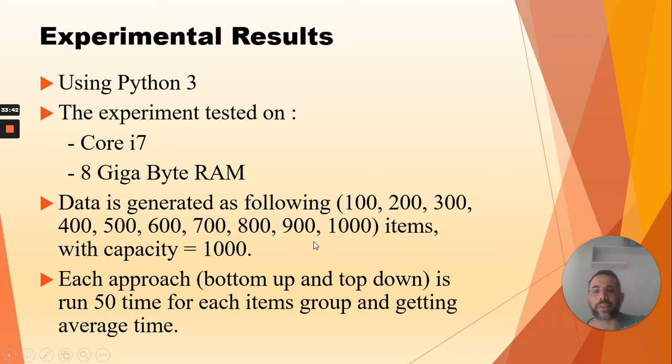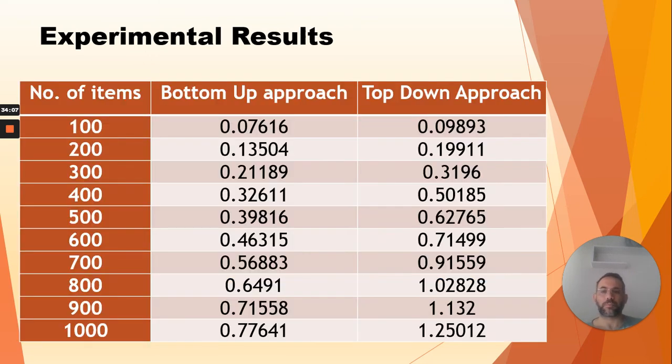When we made our experiment, for every group of items, for example the 100, we ran every approach 50 times, and we calculated the average time of the 50 runs. We got these results when testing 100 items, 200, 300, until we reached 1000 items.